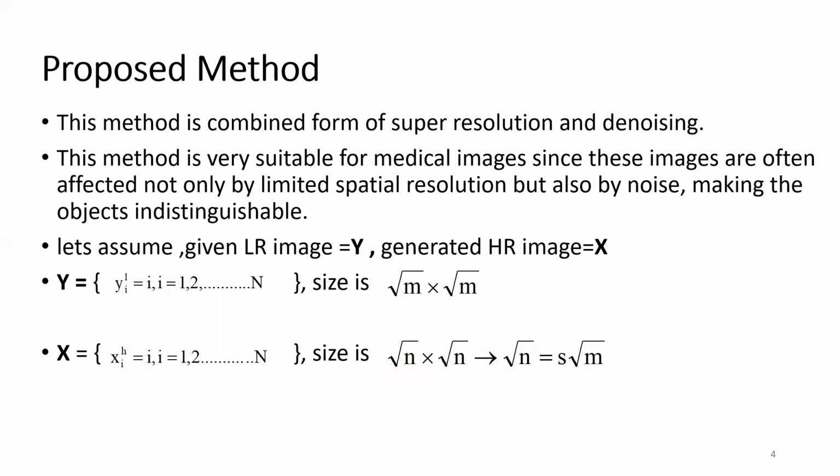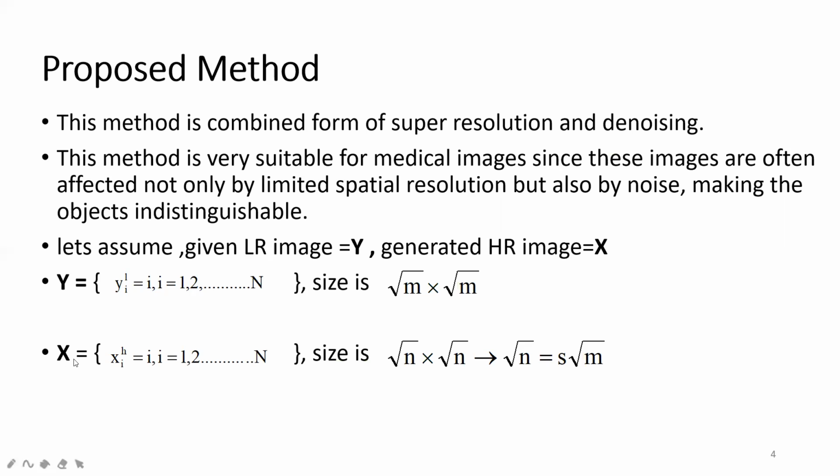Firstly, let's assume we are giving a low resolution input image as Y, and I am assuming the HR image as X. The image contains n number of patches, so that the size is root m by root m. I am making this input image into n number of patches, and definitely we are going to get n number of patches in the expected highly resoluted image also.